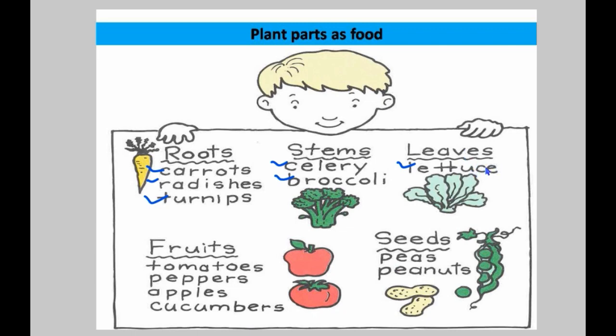For the leaves, we eat spinach also, as I have mentioned before. Fruits, for the fruits we eat tomatoes, peppers, apples and cucumbers. For the seeds we eat peanuts and peas. These are the list of examples you can relate to in your life, and you can learn them too.